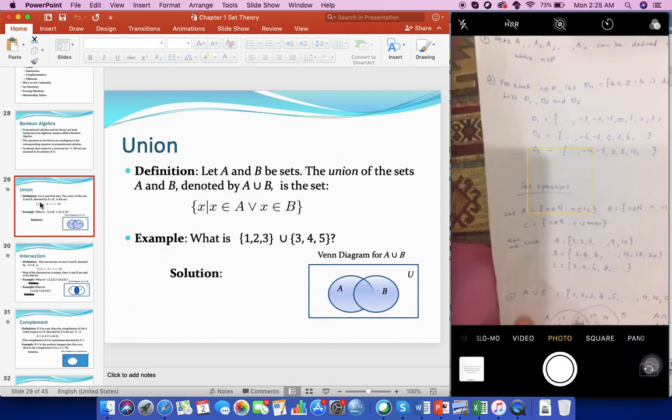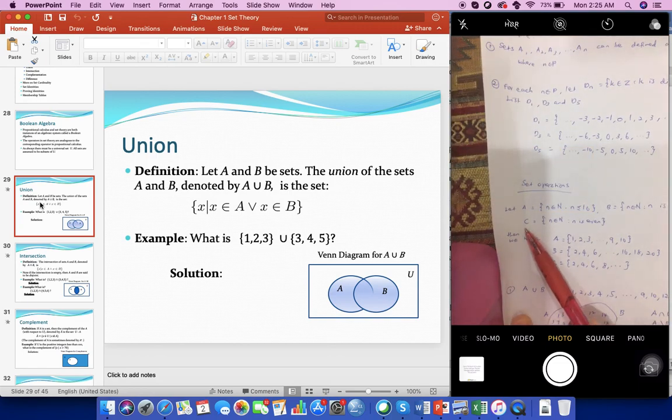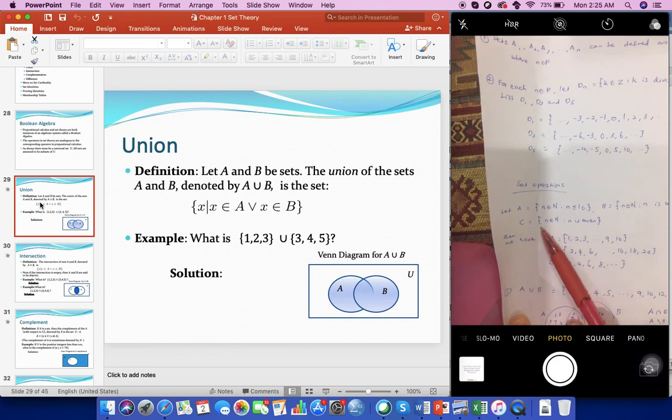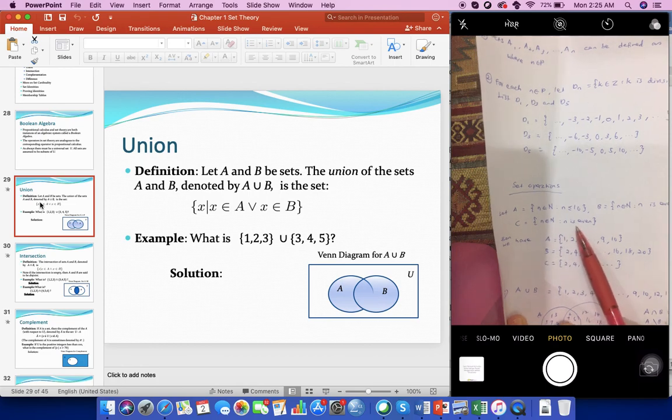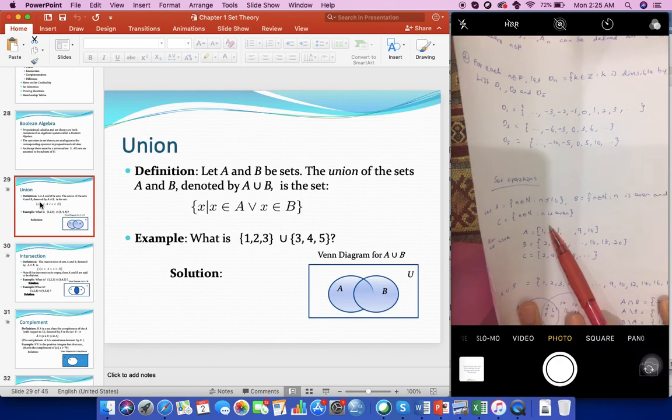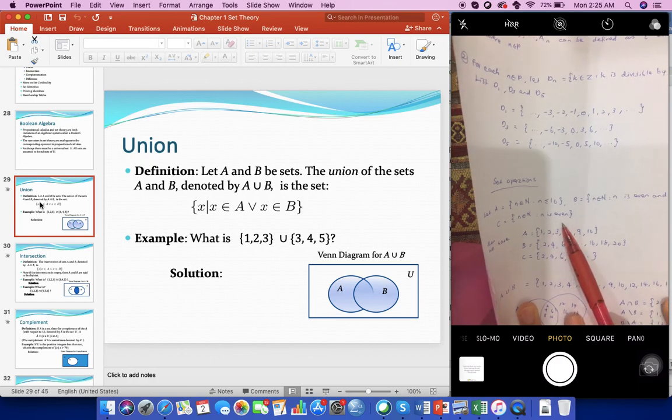And then for set C, N is an element of the natural numbers, N is even, it just states even only, not less than 20 or anything else.